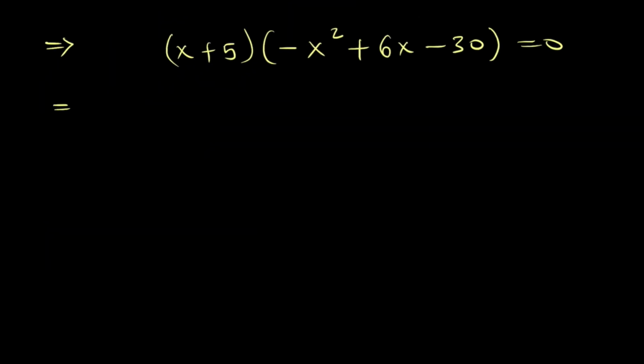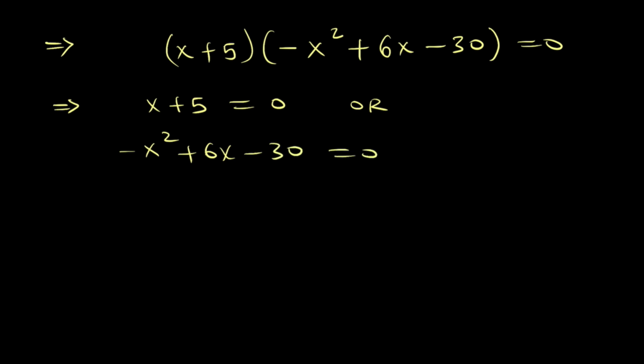Now this implies that x plus 5 is equal to 0, or negative x squared plus 6x minus 30 is equal to 0. From the first one, we can say that x is equal to negative 5, which will give us the very first solution to our problem.